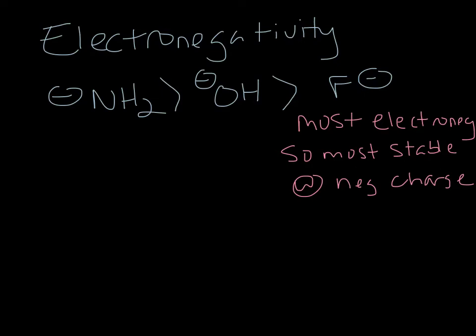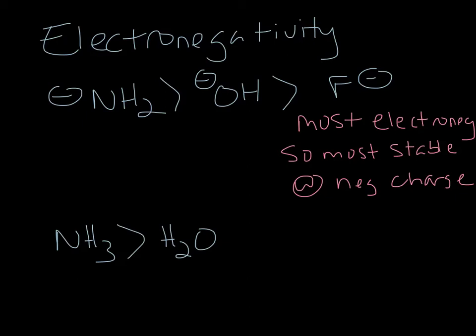We can look at neutral species as well, so if we had looked at ammonia versus water, it would be the same thing. In this case, when these two species act as a nucleophile, they'll become positively charged. Oxygen is more electronegative than nitrogen, so it would be less stable with the positive charge.